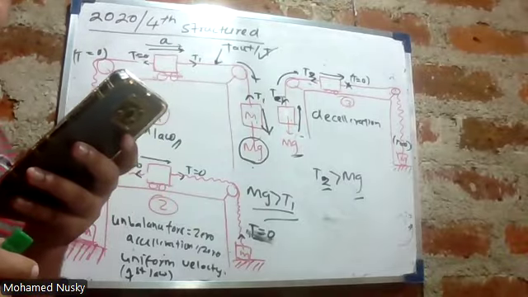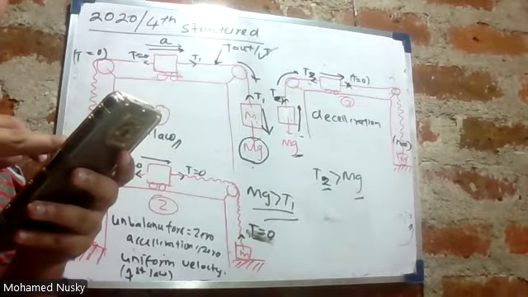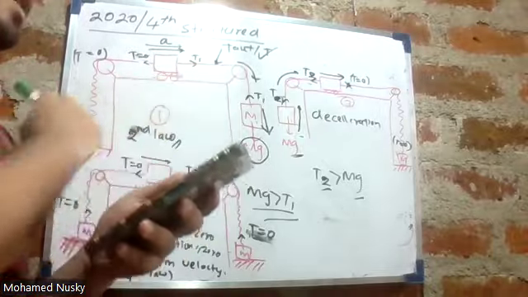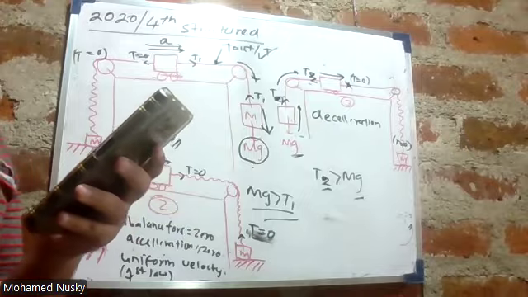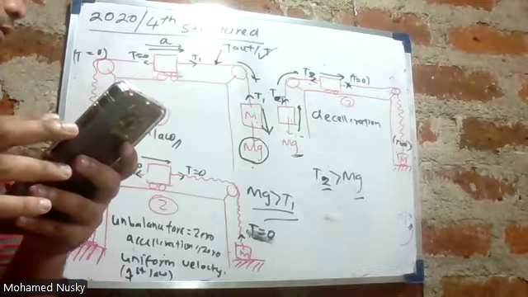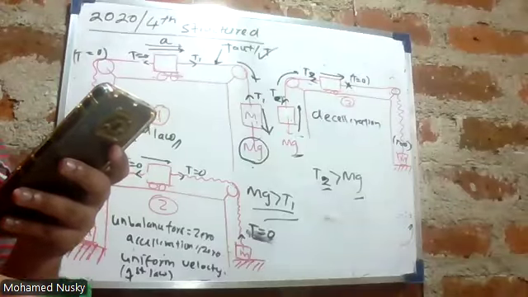Fill the table. See instance number 1, what is the nature of motion of the trolley? The trolley will be uniformly accelerating. And the Newton's law that describes the nature of motion of the trolley is Newton's second law.